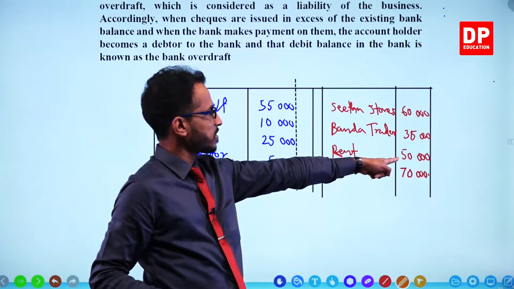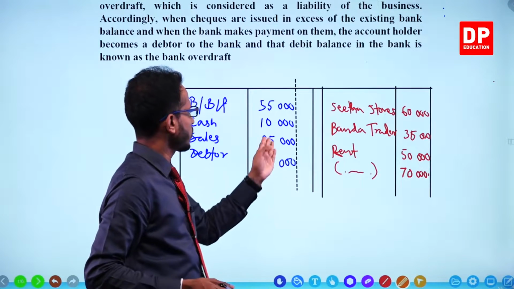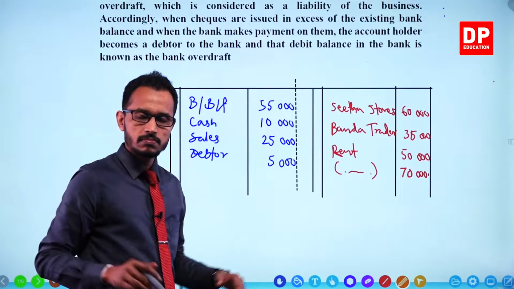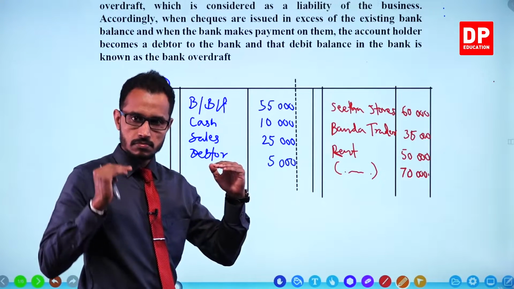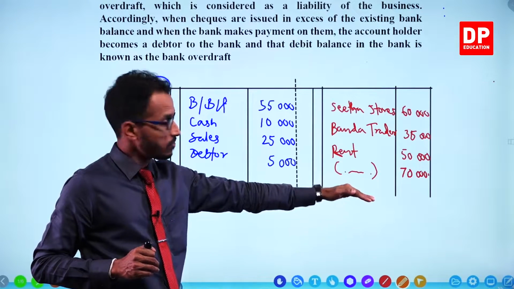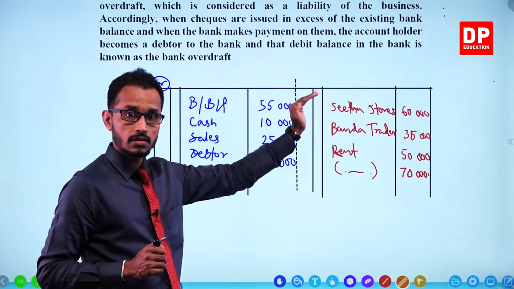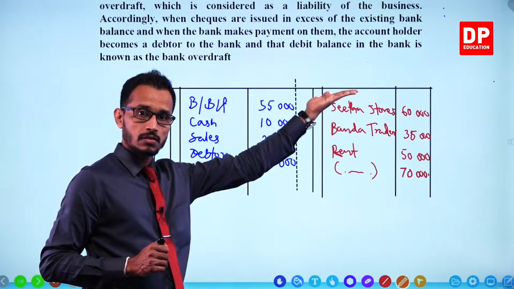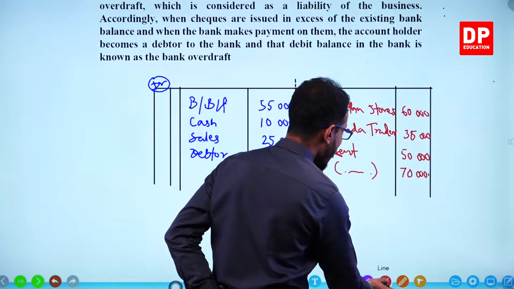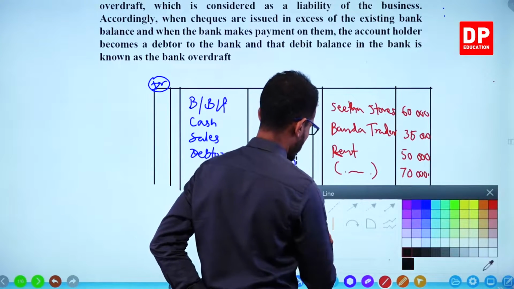There's a 70,000, 50,000 and a 60,000. Here only 5, 25 and 10. On the debit side, the total will be a little less than the credit side. Credit side total will be a little higher, right? Can you notice that?